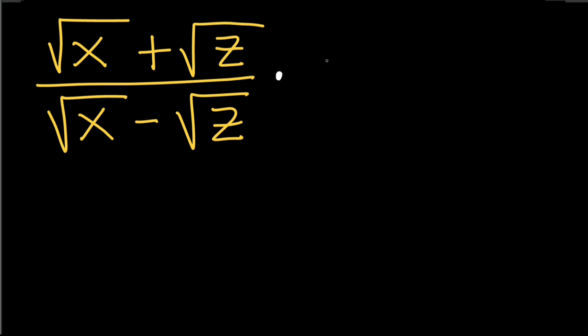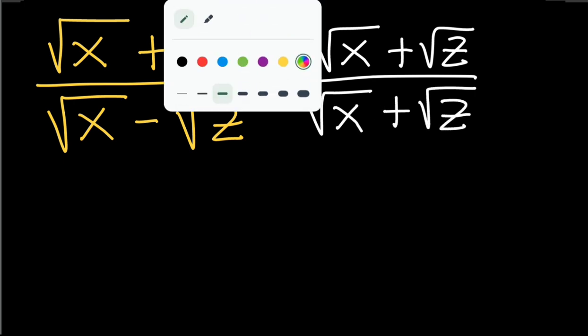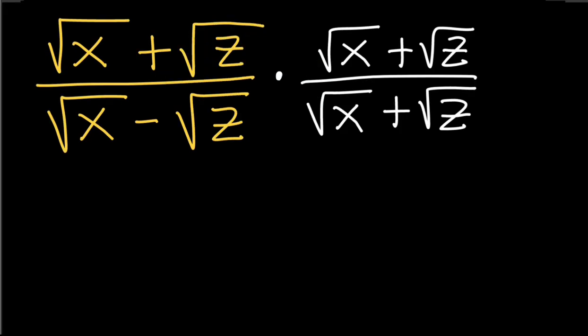So we multiply this by square root of x plus square root of z over square root of x plus square root of z. Then we can use the FOIL method.